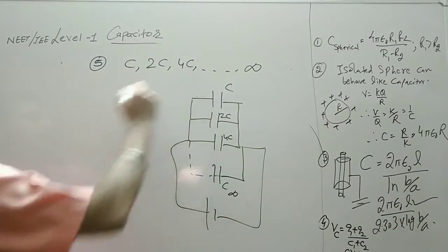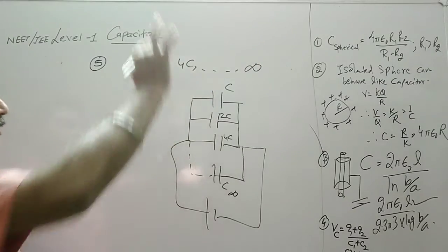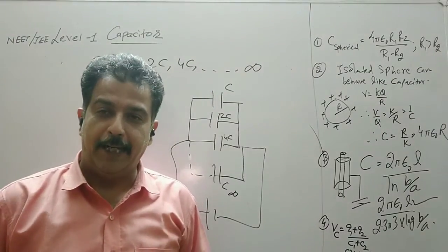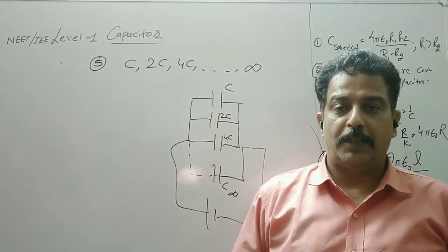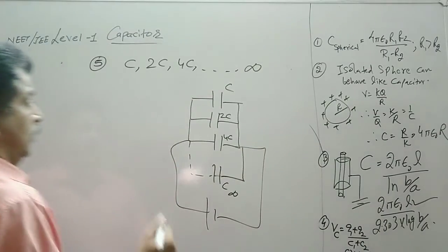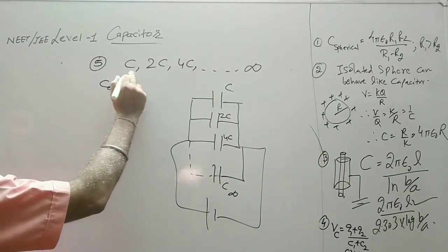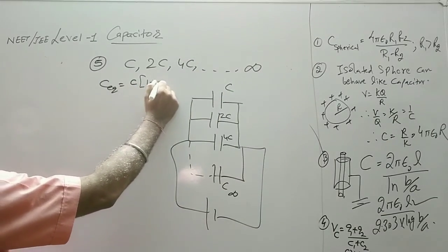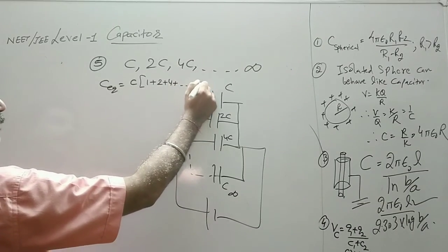Now see, only 3 terms are given: C, 2C, 4C. We don't know whether the fourth term is 6C or 8C. So we cannot apply the formula for a geometric series. Therefore, C equivalent in parallel combination we know is the sum of all capacitances. So C is taken common. It becomes 1 plus 2 plus 4 plus and so on up to infinity.